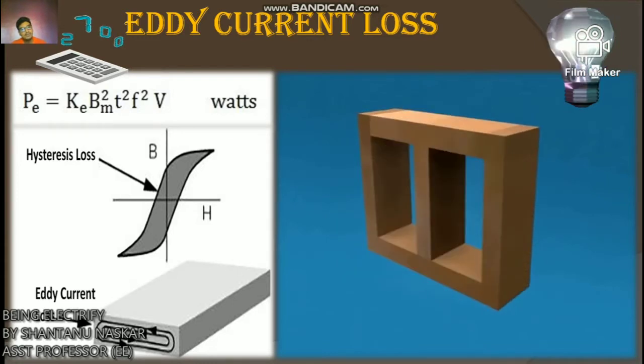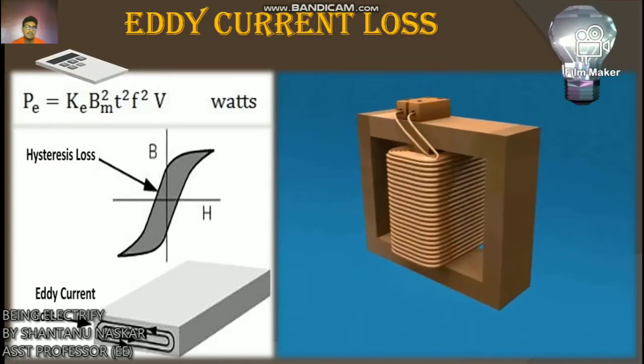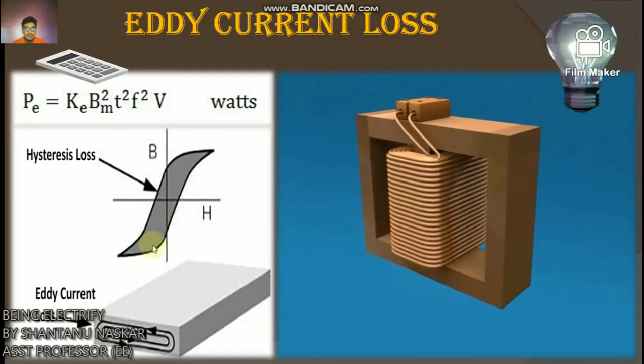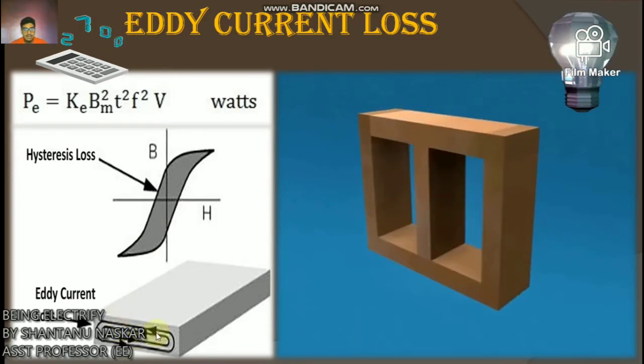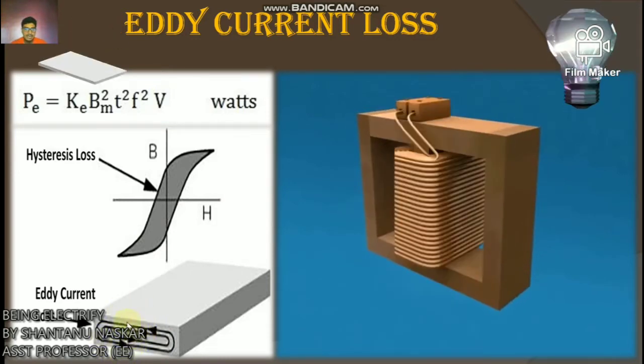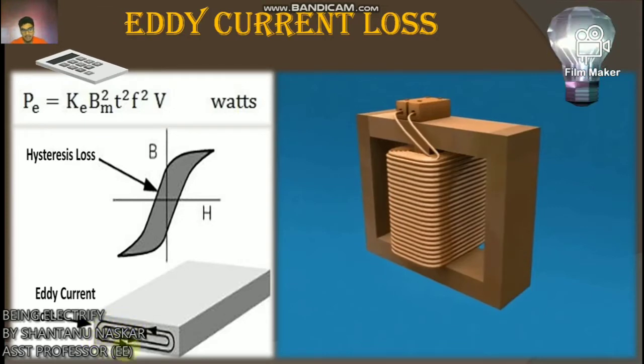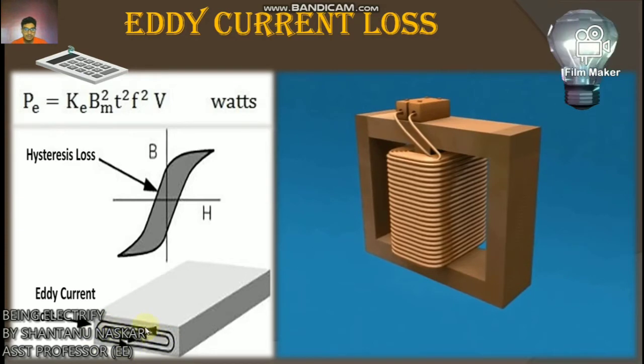Since the core is made of conducting material, this EMF circulates current within the body of the material. These circulating currents are called eddy currents. Eddy means moving like a round shape.